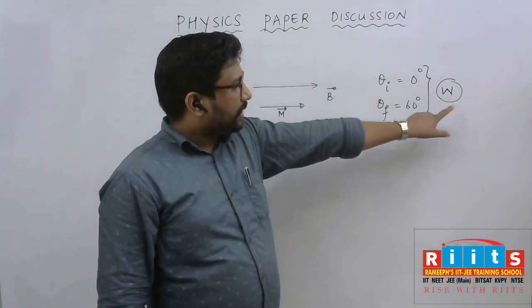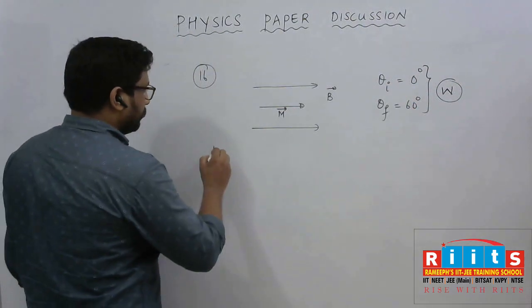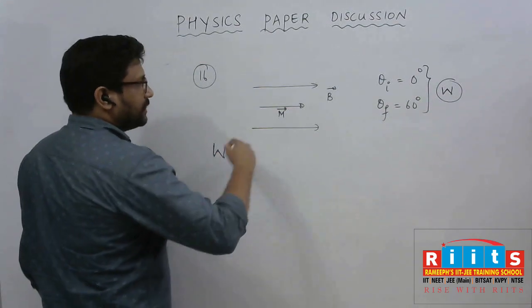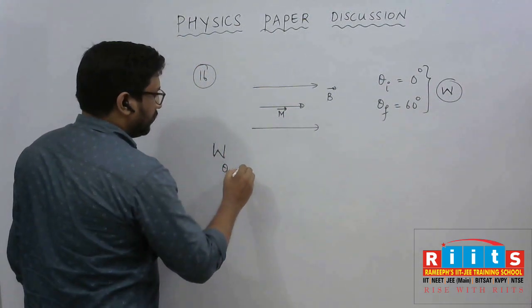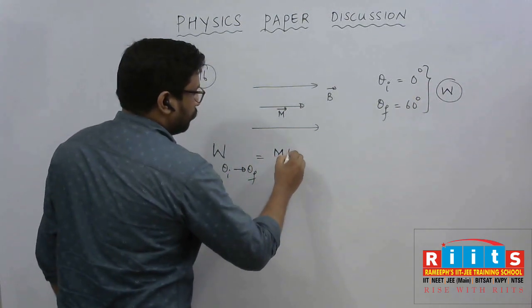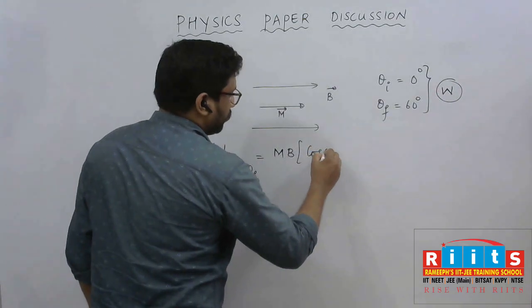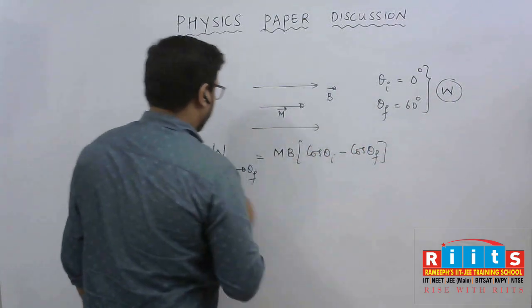How can you calculate the work done if these angles are given? Always remember this equation: work done to turn the magnetic needle from initial angle to final angle is m into b into cos of initial angle minus cos of final angle.